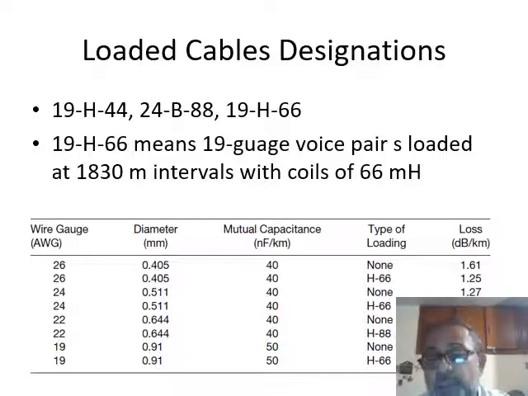And if we do not use any type of loading, which is given in the first row, and it says type of loading none, the loss in dBs per kilometer is 1.61, while if we include a loading coil of number H66, H as I've given you in the table in the previous slides, that gives you the distance between two loading coils, and 66 is the amount of inductance given in millihenries, then the loss in dBs per kilometer would be reduced to 1.25 as compared to 1.61 when we did not have any type of loading.